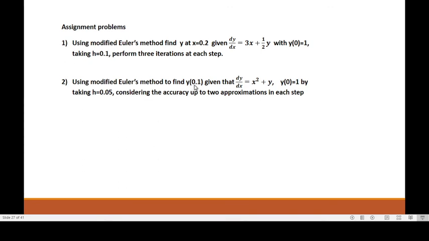You will not get 0.1 in the initial stage. Since h is 0.05, we have to calculate y at x is equal to 0.05. So considering that as an initial value, we have to calculate y at x is equal to 0.1, considering the accuracy up to 2 approximations in each step. So follow the same procedure and solve.